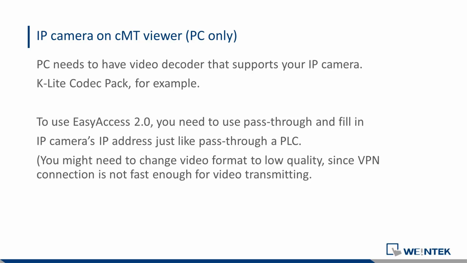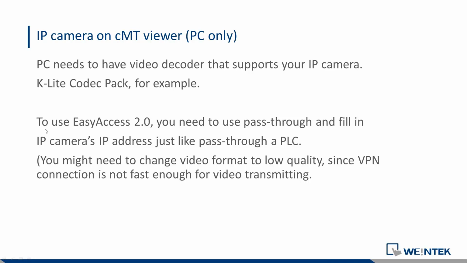For example, for the IP camera I use now, I use the K-Lite codec pack. This is the decoder software's name. I need to install this codec pack on my PC so I can use CMT viewer to view the IP camera. So make sure that your PC or your customer's PC also has this video decoder installed. This is the first thing.